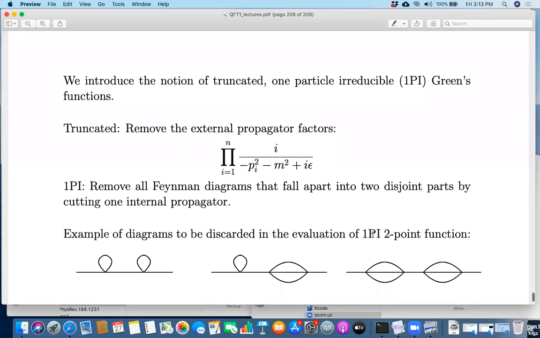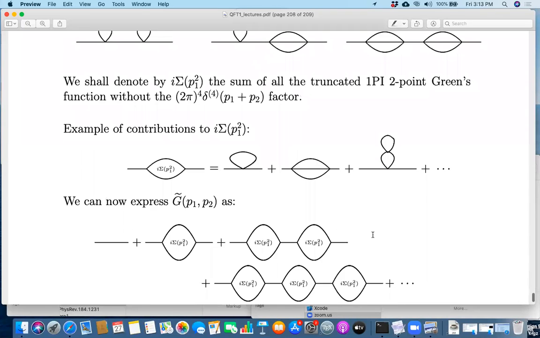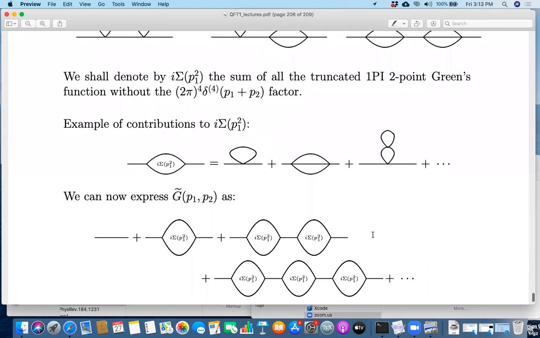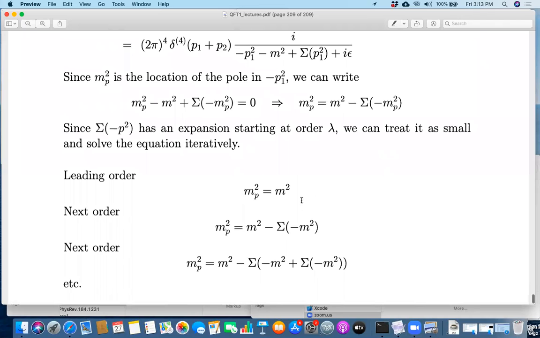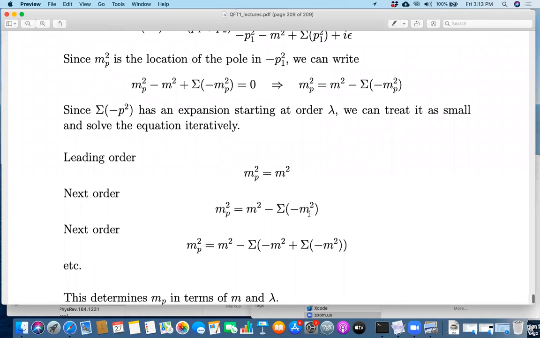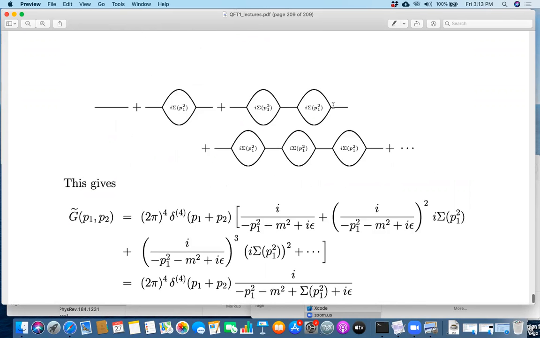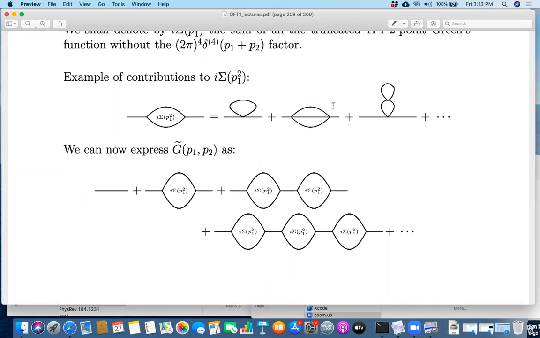In terms of M and this sigma that you have defined. Yes, exactly. By iteratively solving this, you can get M_P squared as a series expansion in lambda, because you are doing perturbation theory. If you are doing some non-perturbative technique like lattice gauge theory, then you will not calculate M_P this way. You will calculate the two-point function using some numerical method, and then you look for the poles in the two-point function.